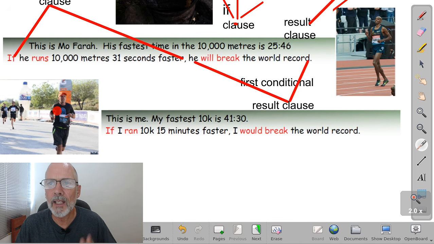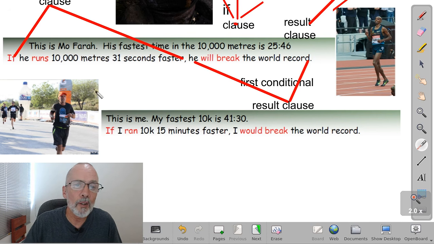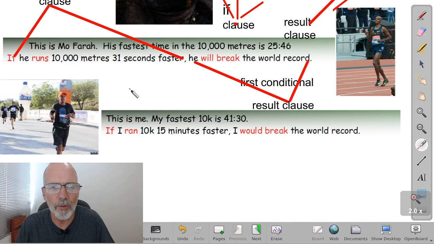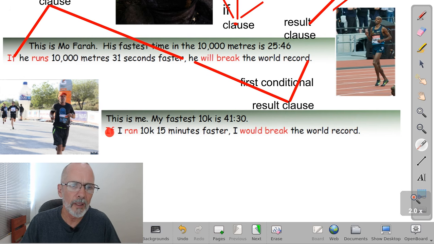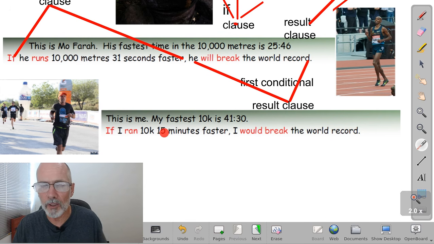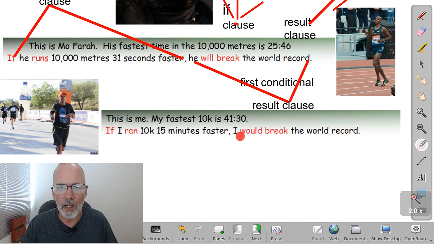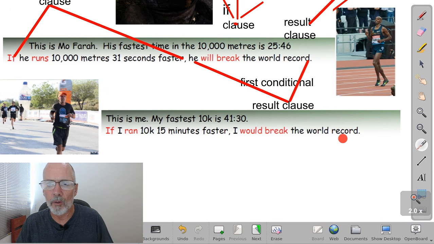And now I'm applying the same hypothetical, imaginary situation to myself. And I'm saying, if I ran 10k 15 minutes faster, which is a long time, I would break the world record.